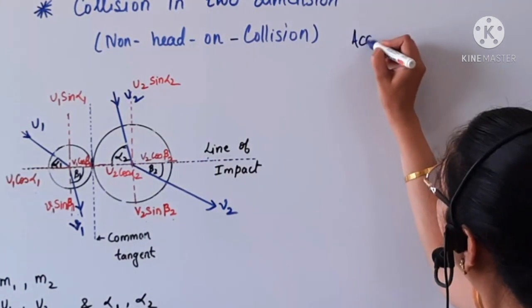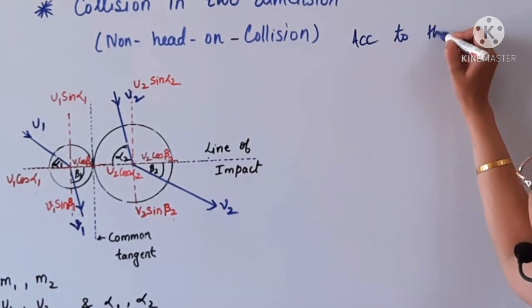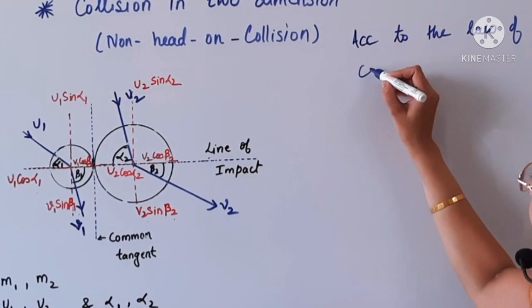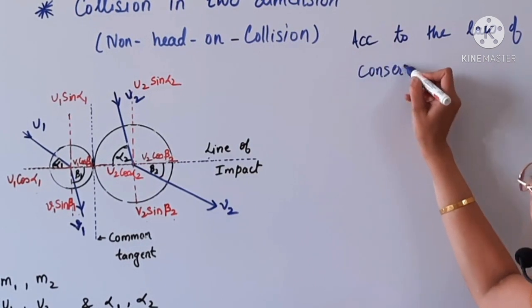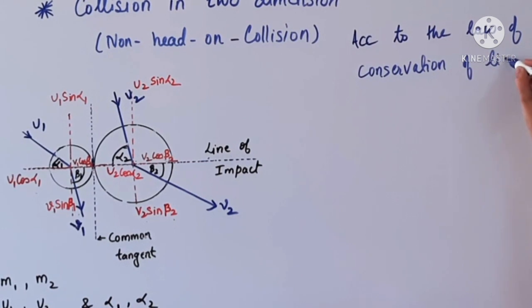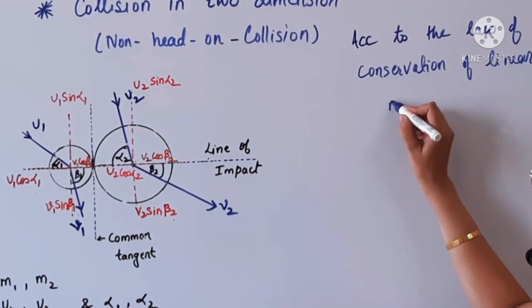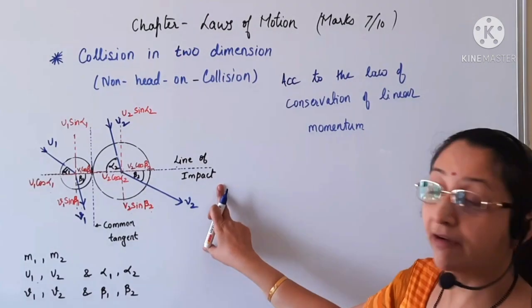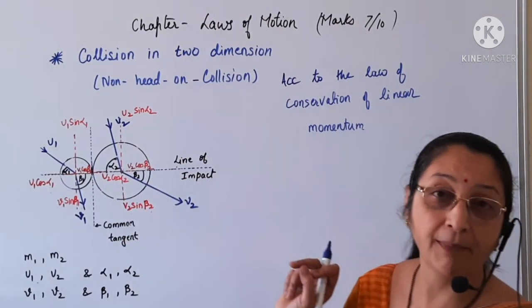So according to the law of conservation of linear momentum, we will write the initial momentum along the line of impact.